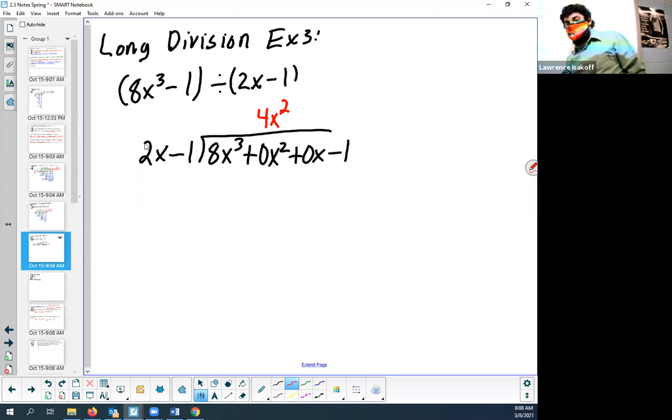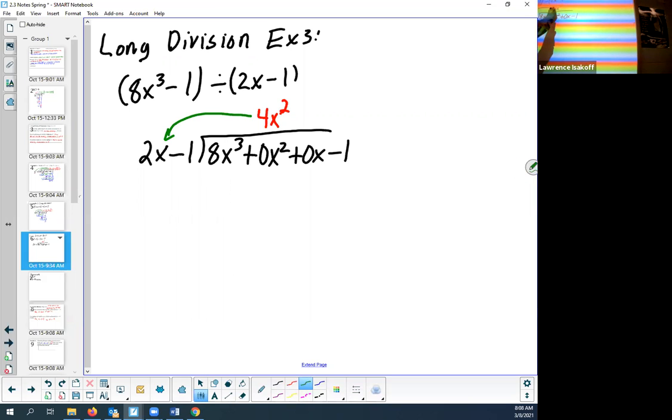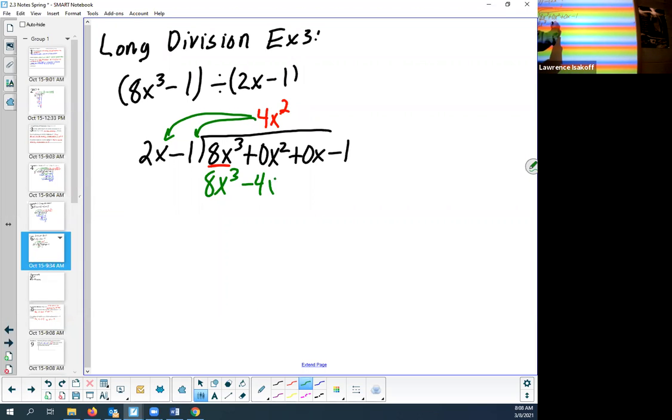Okay. Now I'm going to do 4x squared times both of these. 4x squared times 2x gives me 8x cubed. Again, conveniently they match, so they will cancel because I was trying to get it to match that. 4x squared times -1 will be minus 4x squared.